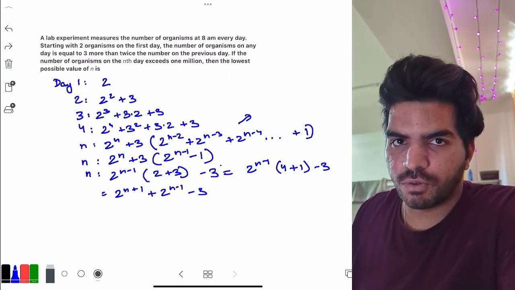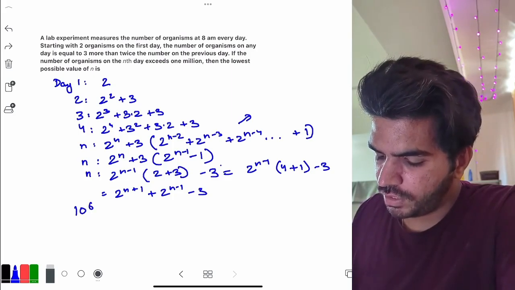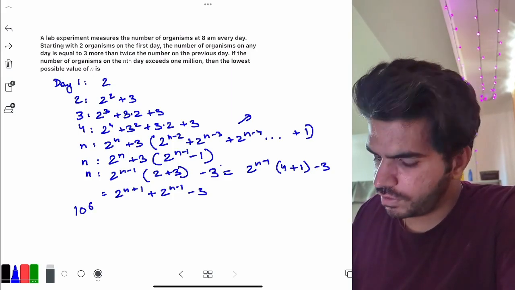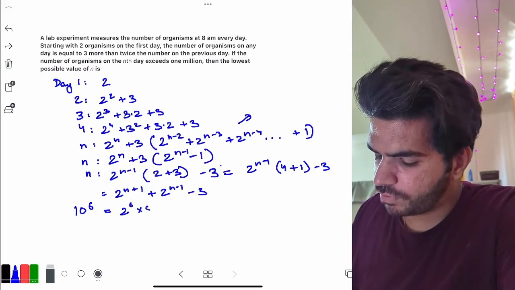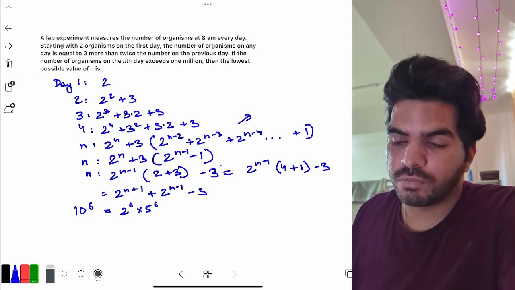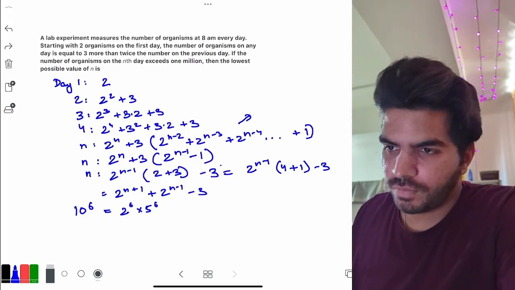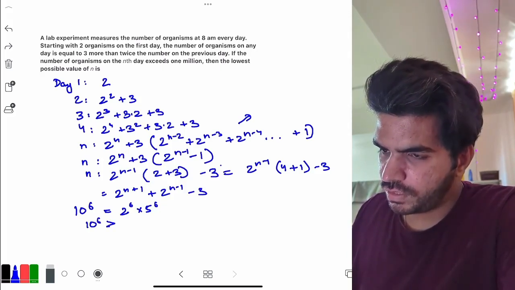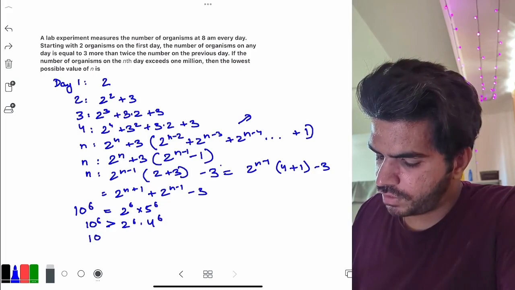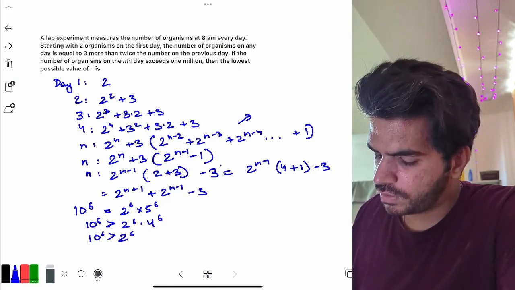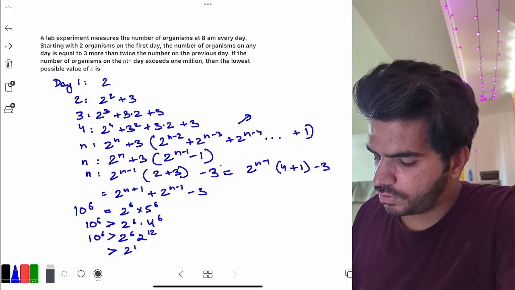So now we'll put the value on the nth day when the 1 million population is crossed. 10 to the power 6 can be represented as 2 to the power 6 into 5 to the power 6, since each pair results in 10. Now 10 to the power 6 is greater than 2 to the power 6 into 4 to the power 6, so definitely greater than 2 to the power 6 and 2 to the power 12, so 2 to the power 18.